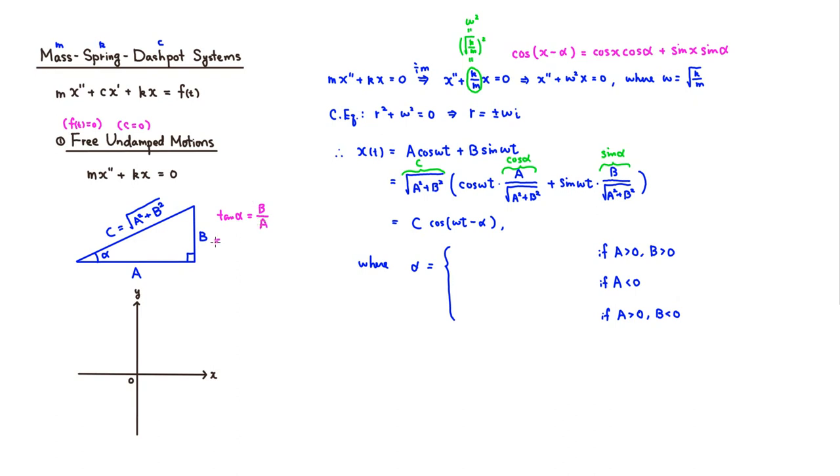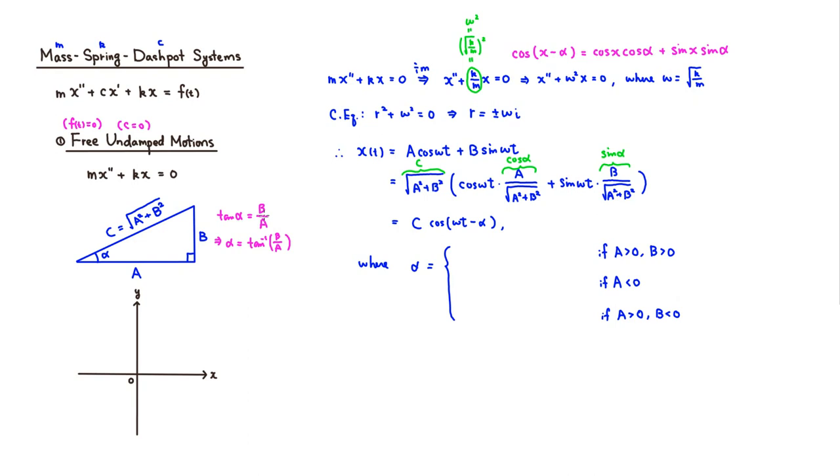So if you want to find alpha, all you have to do is take the arctangent of B over A, right? But you have to be a little bit careful because arctangent will only produce a number between negative pi over 2 to pi over 2. Right, so depending on where it ends up, we have to actually adjust a little bit.